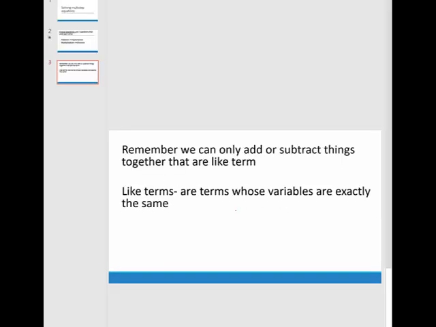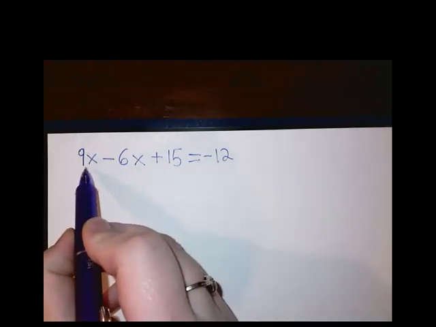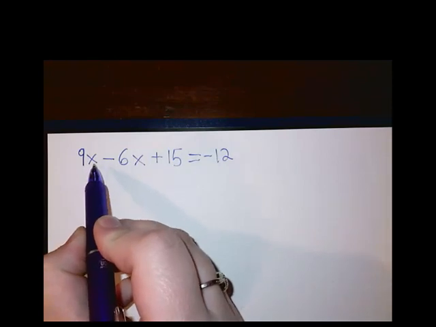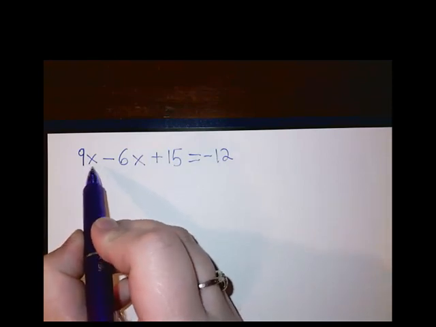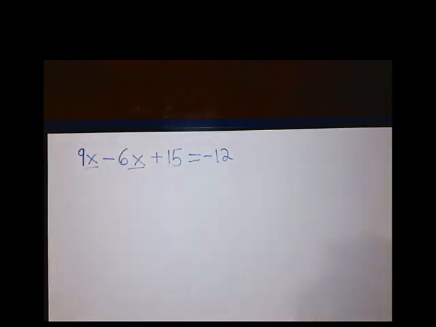All right, so let's actually look at some examples of working out solving equations. So remember, our main thing when we are solving equations is we want to get the variable by itself. So right now I have two x's.